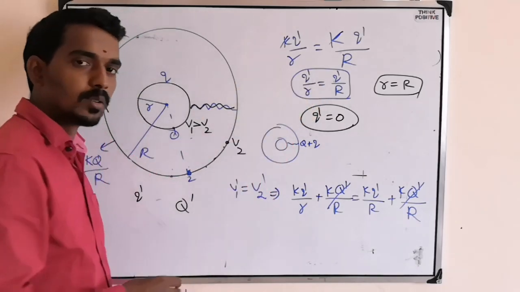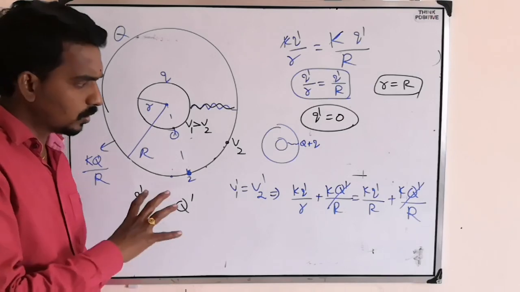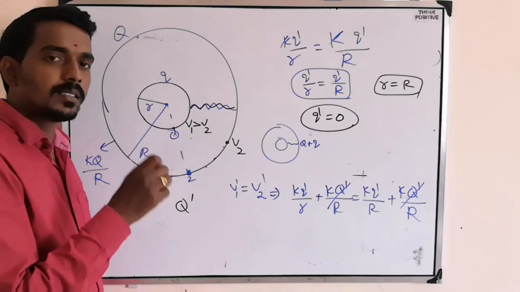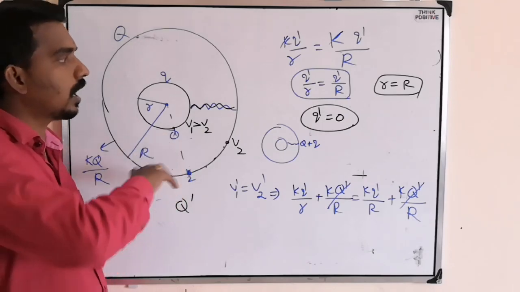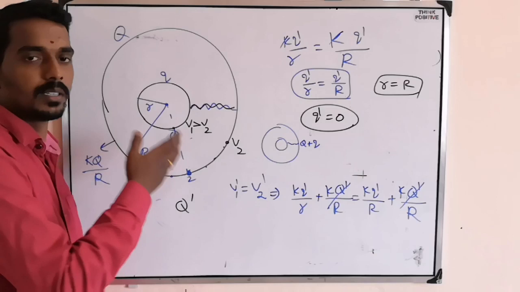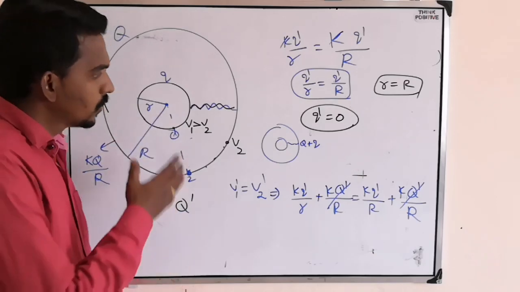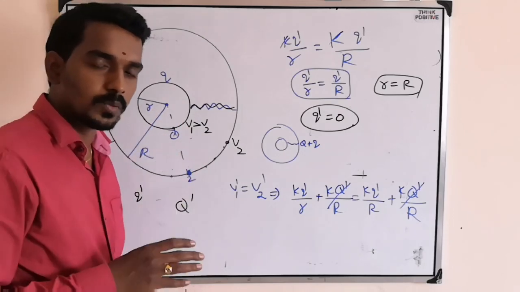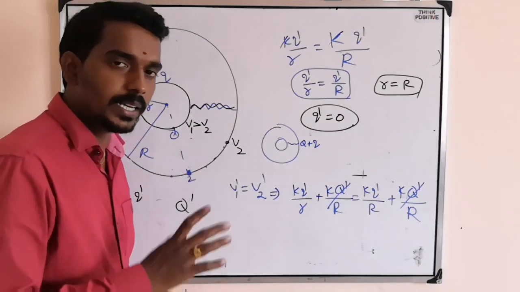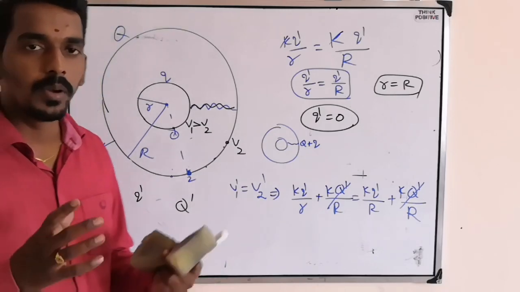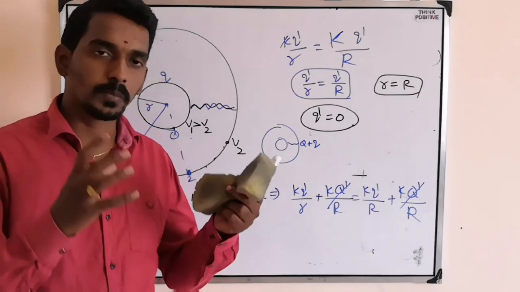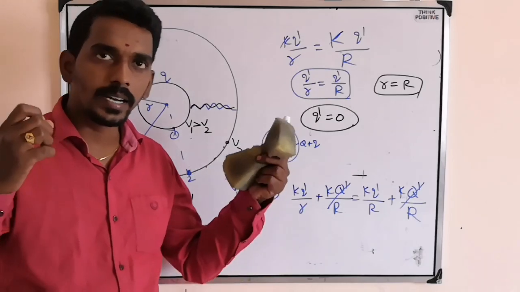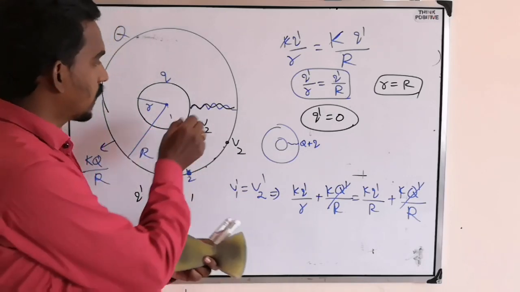So that is what I want to make you understand. This is the way the concept of why charge resides, or how charge resides, on the outer surface you can understand with this example. Also you can understand how the charge transfer takes place and how the redistribution of charge happens when conducting spheres or charged bodies are connected together with a conducting wire.